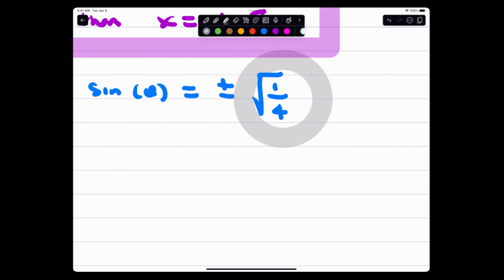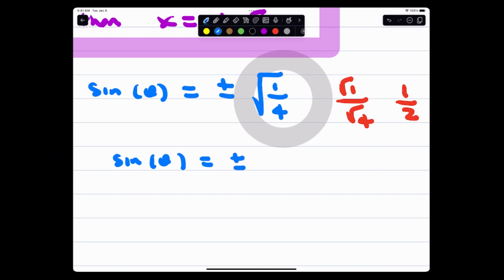It's 1/2. Say, how do you guys know that's 1/2? Well, go back to, I don't know, intermediate algebra, square root of 1, square root of 4, that's 1 over 2. So, bless you. Sine theta is now going to be plus or minus 1/2.